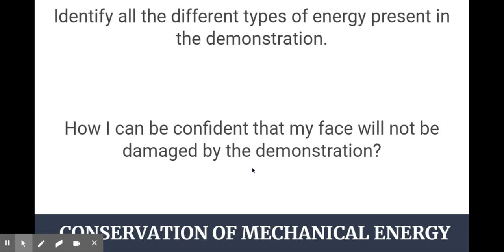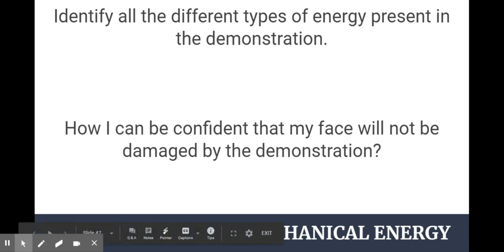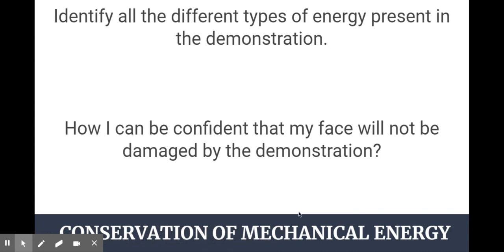So, conservation of energy tells us the bowling ball is never going to get more or less energy than it started with, as long as there's no work being done on the system, as long as nobody runs up and gives the bowling ball a push or something like that. So, when the bowling ball approaches its initial starting point, it has the same amount of energy that it started with.